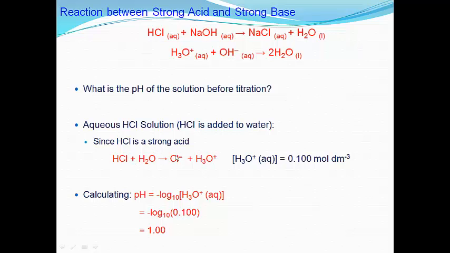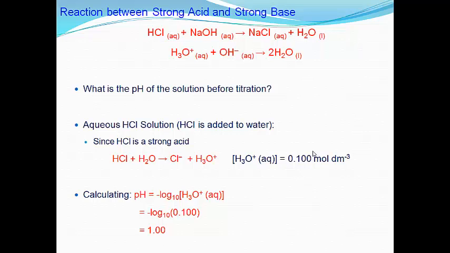Because of the 1-to-1 mole ratio of HCl to H3O plus, all of the HCl is consumed, and there's maximum formation of H3O plus, so the concentration of H3O plus is equivalent to the concentration of the starting HCl solution, which is 0.100 mol/dm3.